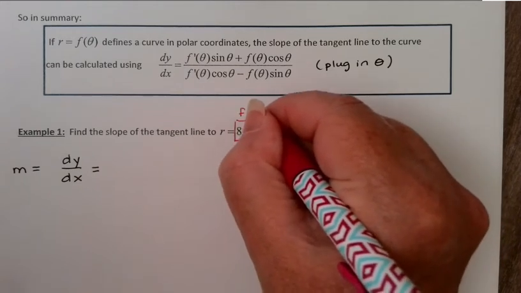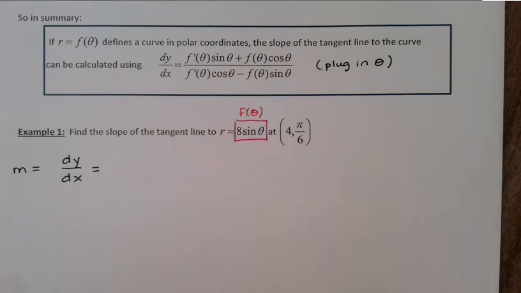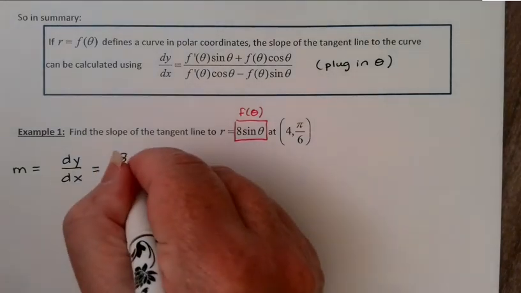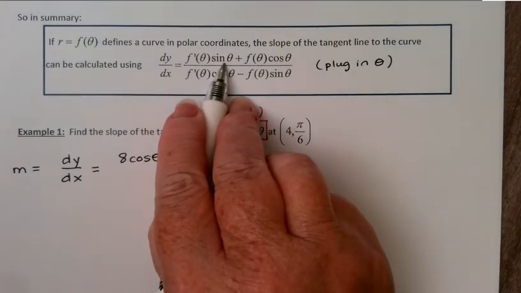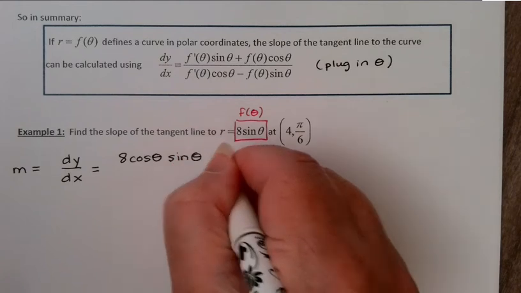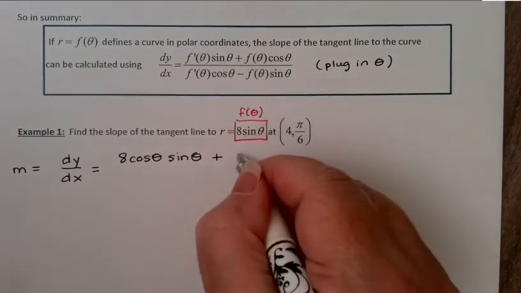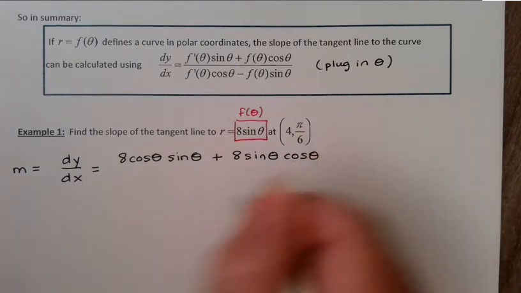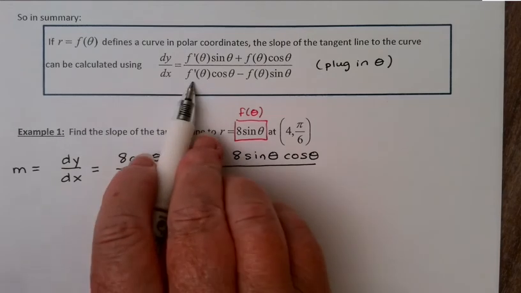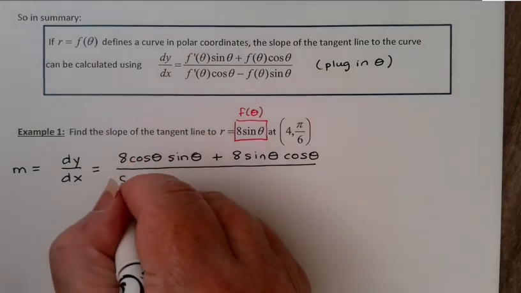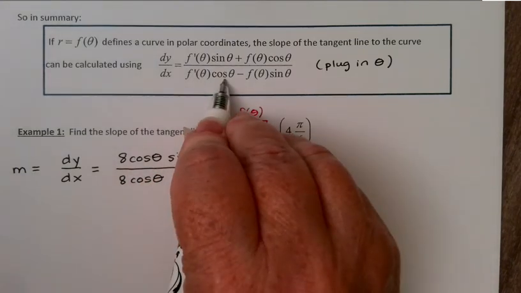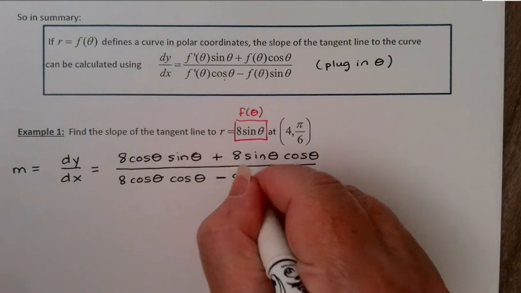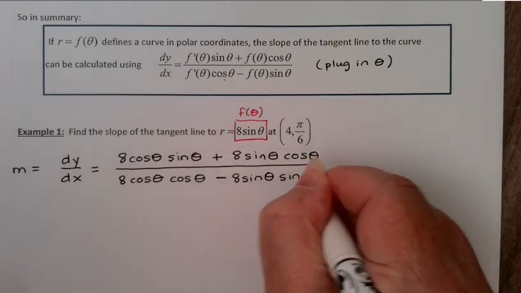Here's what I use for f of theta, since that's what r equals. And so we'll have f prime of theta, which is 8 cosine theta, times the sine theta here, plus f of theta, 8 sine theta, times cosine theta, over f prime of theta, 8 cosine theta, times that cosine theta, minus f of theta, 8 sine theta, times another sine theta.